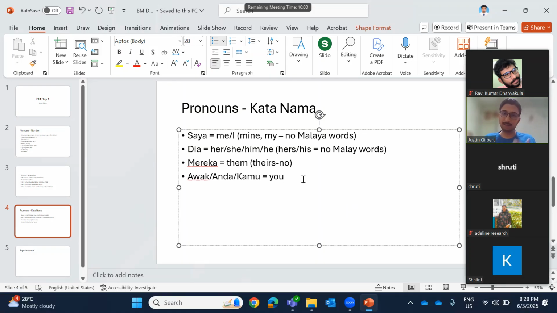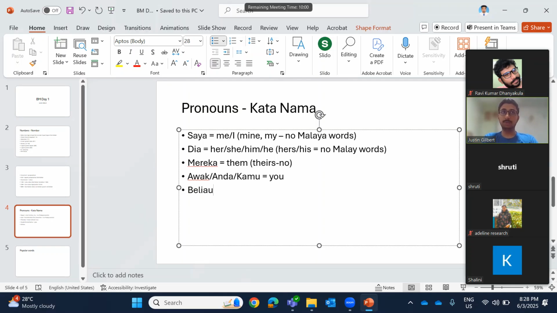Actually, there are more. There's a lot of other kata nama. When we are trying to describe someone in position, we want to say sir or madam, but as a third person point of view, we can use the word beliau.